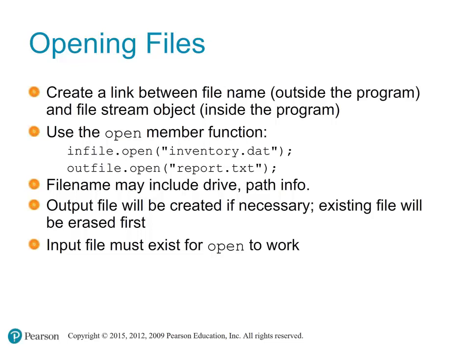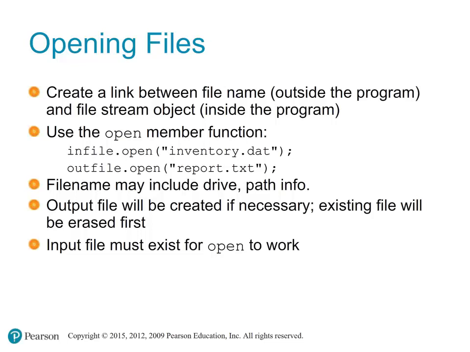If the output file doesn't exist, it will be created. If it already exists, its content will be erased and the file will be overwritten. This is crucial to remember to avoid unintentional data loss. For input operations, the file must already exist. If you try to open a non-existent file for reading, the operation will fail.